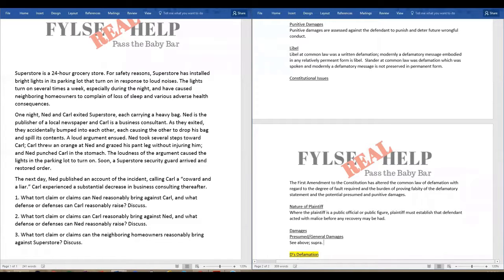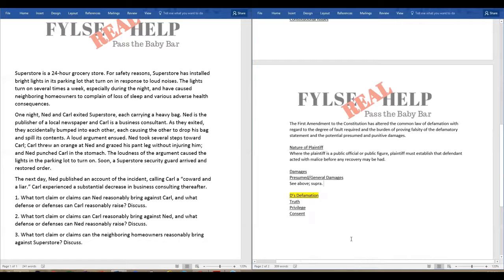Because remember, general damages can be presumed under defamation, and punitive damages awarded after proper proof if the plaintiff can show that there was New York Times malice or where the common law applied. And because we didn't have to show malice, common law applied, so for our damages discussion we would just do see above. We wouldn't need to get into any of that.